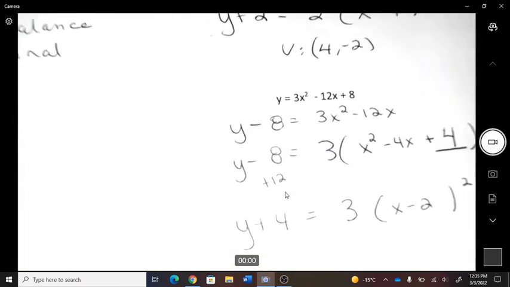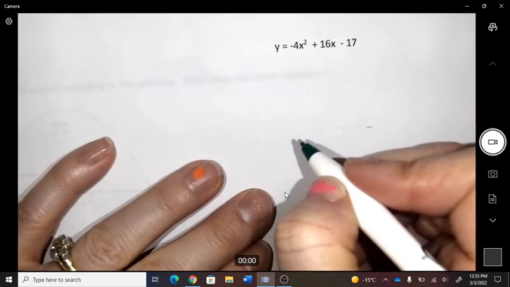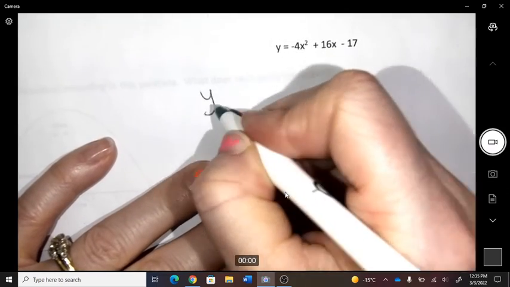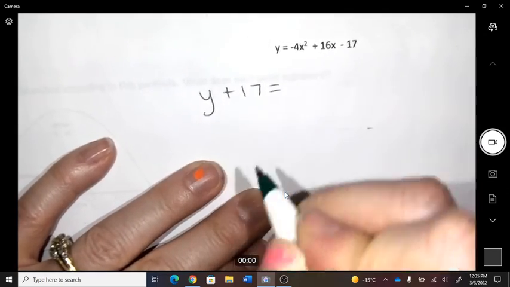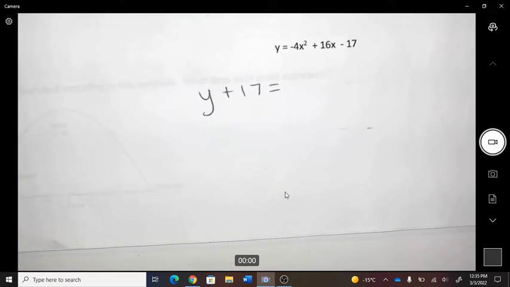Okay, last question, I think. So y plus 17, because I'm going to get that number out of there. I'm going to do 2 steps in one.